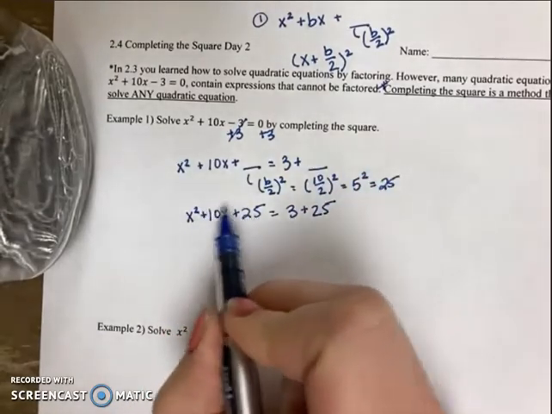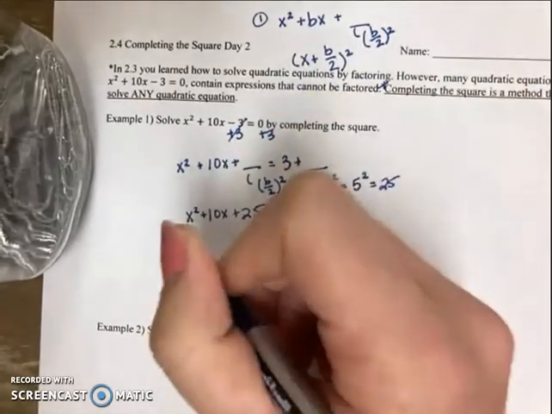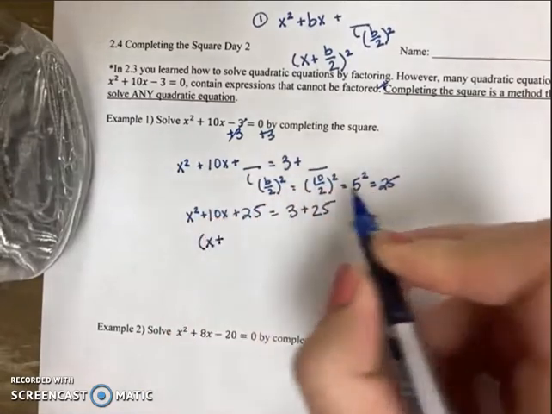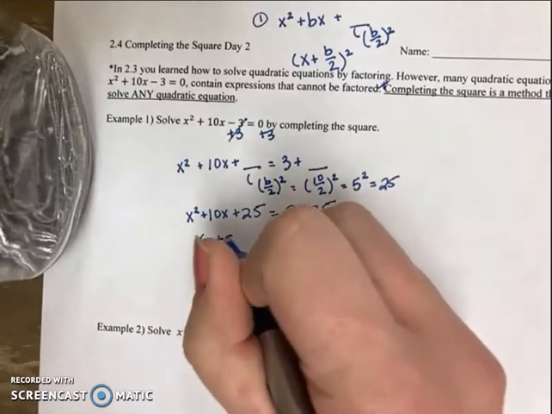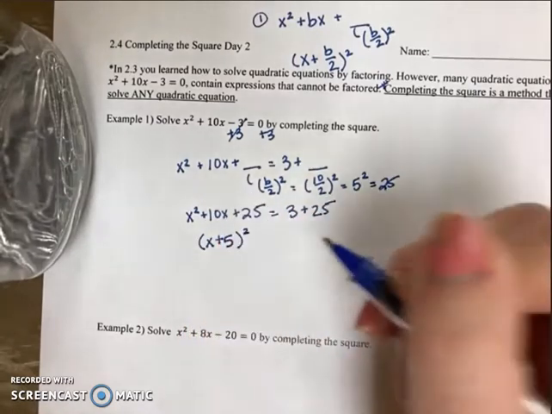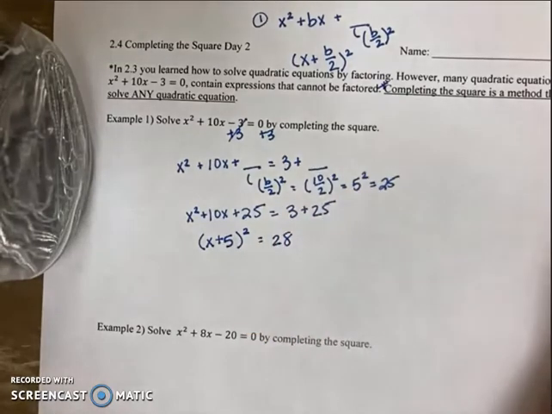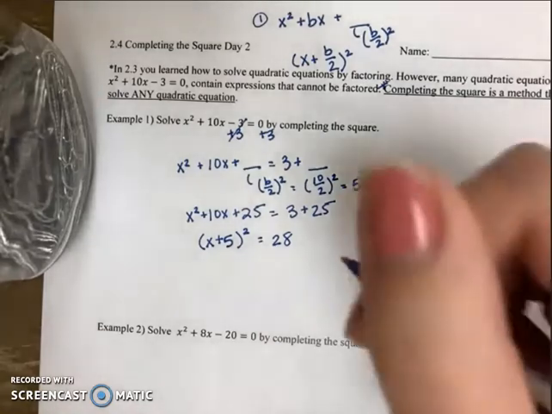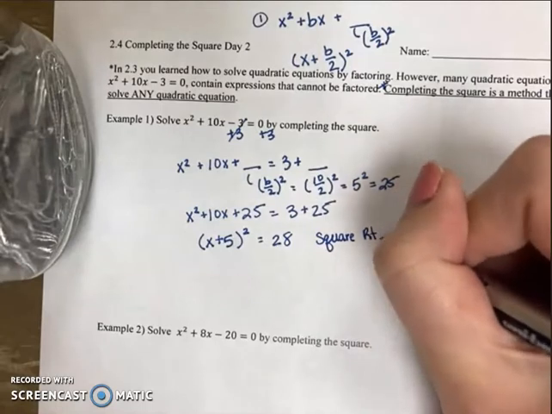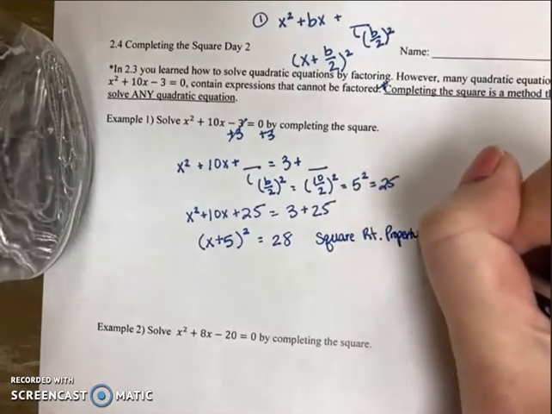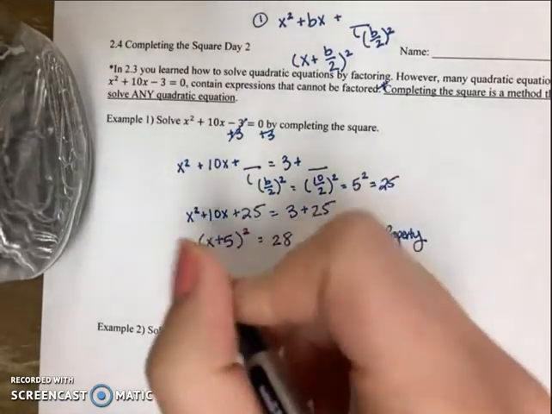I can now rewrite this as a perfect square binomial, and that binomial would look like this. X plus 5, it's a positive 5 because this was a positive 5 here, being squared, equals 3 plus 25 is 28. Now, using the square root property, we need to solve for x.